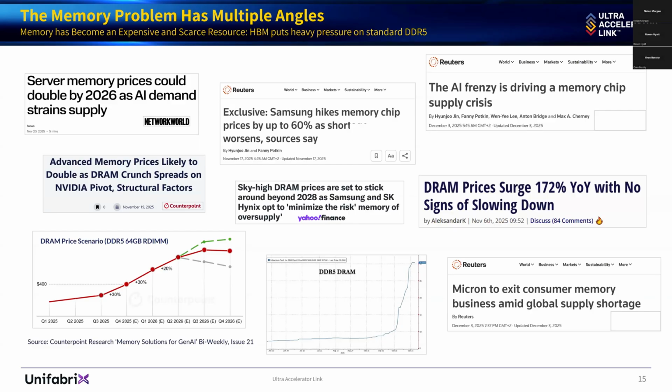Micron has done that just recently. I was surprised to see some of the graphs, how steep they are in the last months. So this is becoming an even larger problem than it used to be in the past.